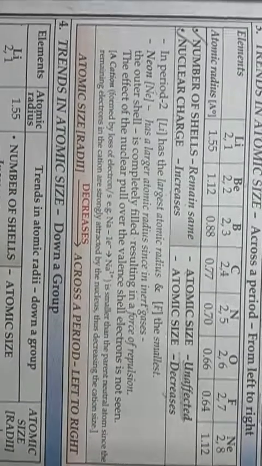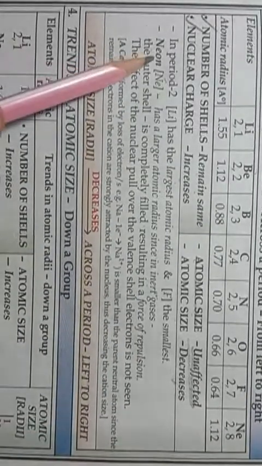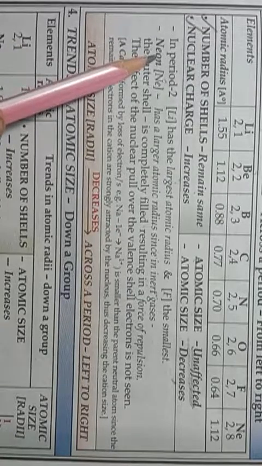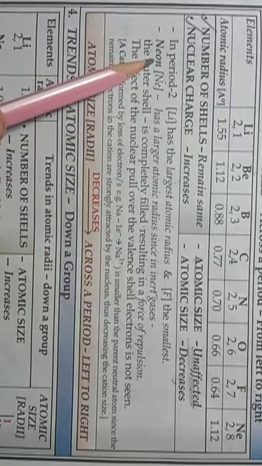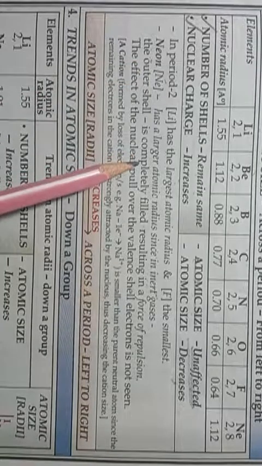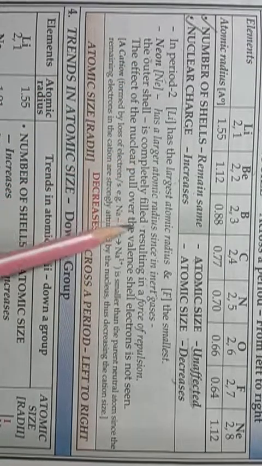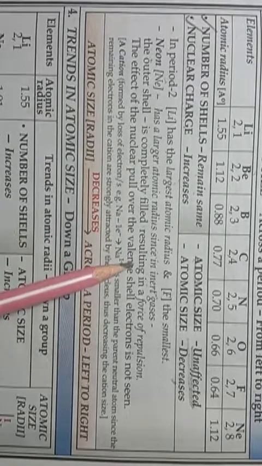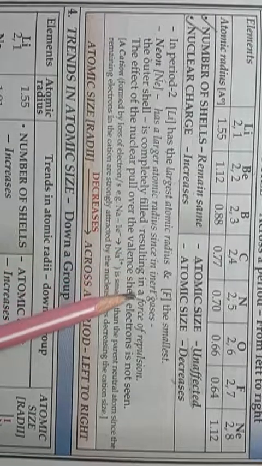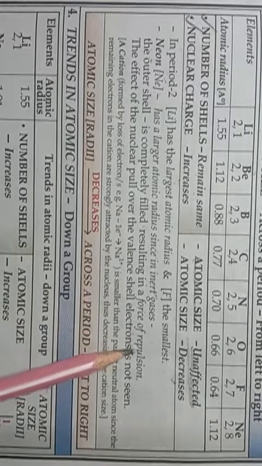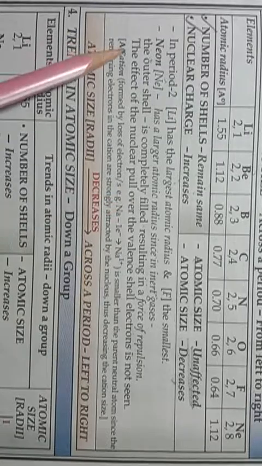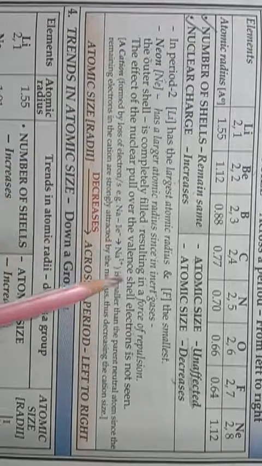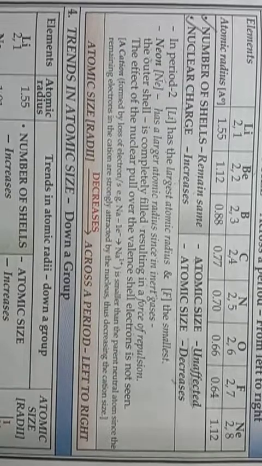So there is an exception. Neon is placed in group 0, the rightmost place in the period, but its atomic size is comparatively larger because it has a complete outermost shell, and that is why there is a force of repulsion among the electrons and their size becomes larger. So the effect of the nuclear pull over the valence shell electrons is not seen.